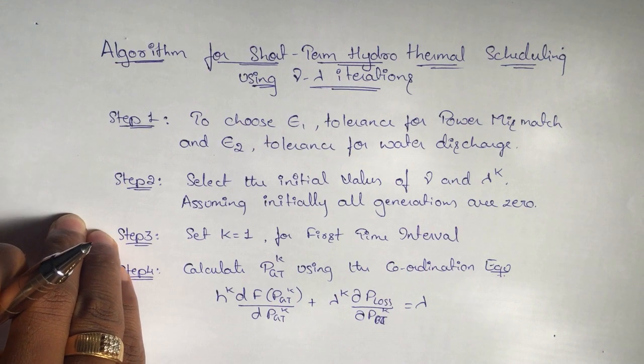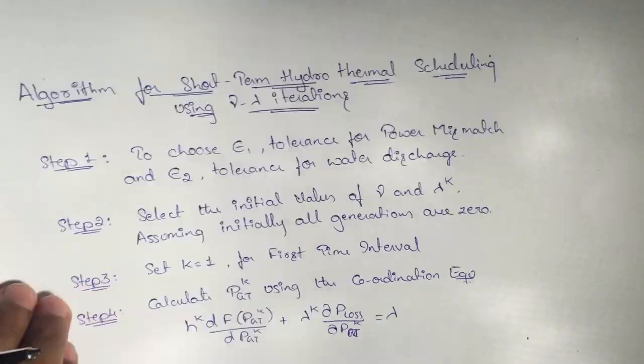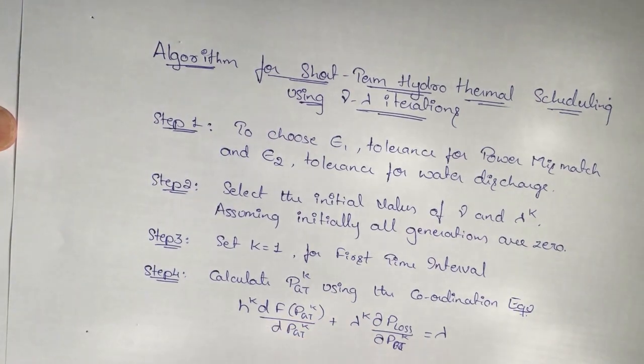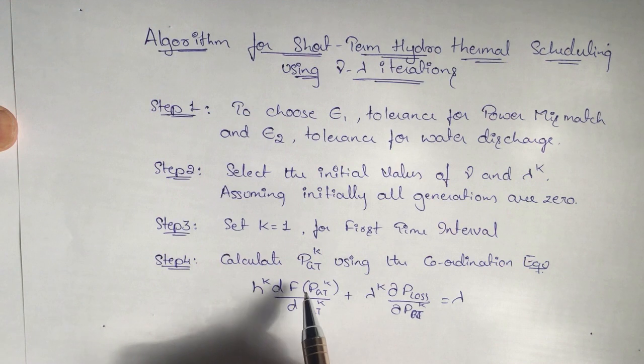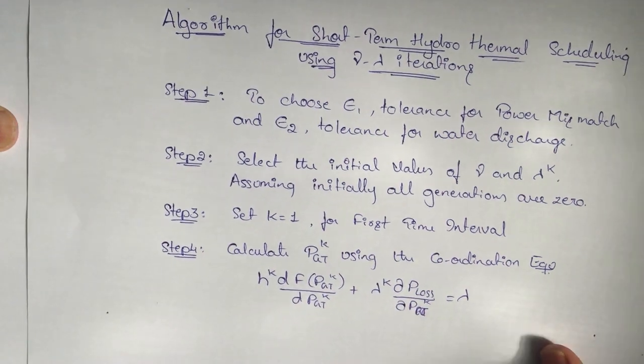We are continuing with how we are going to find the value of PGTK. If you go back to the previous video, you can find equation number 6, which is our equation derived from a Lagrangian function. For this same equation, I am going to put the values of dF PGTK by dPGTK and dou P loss by dou PGTK. We are substituting these two values here.